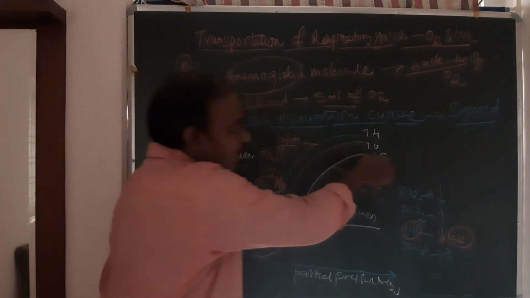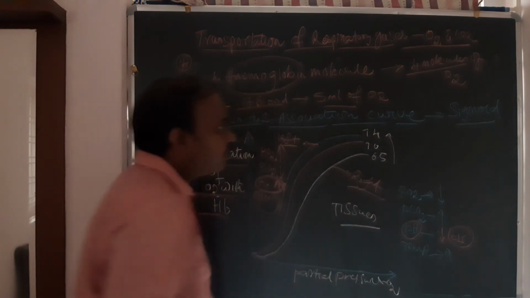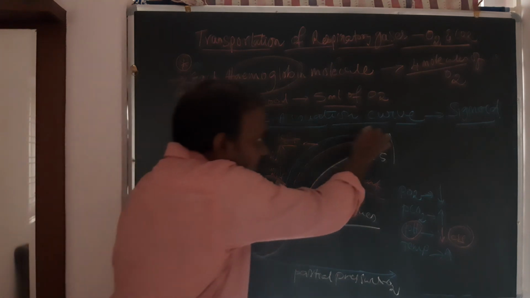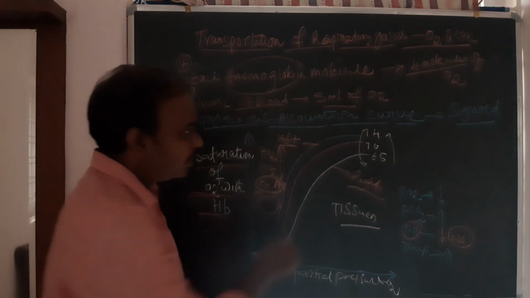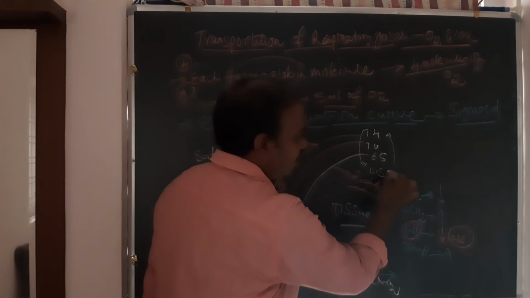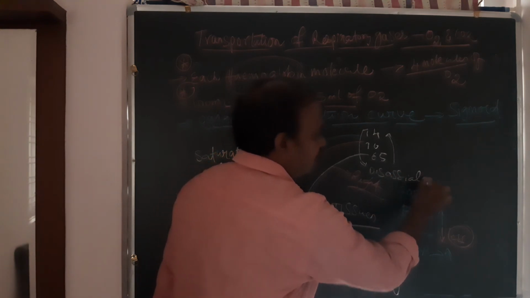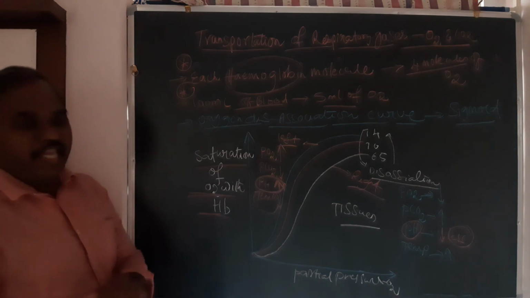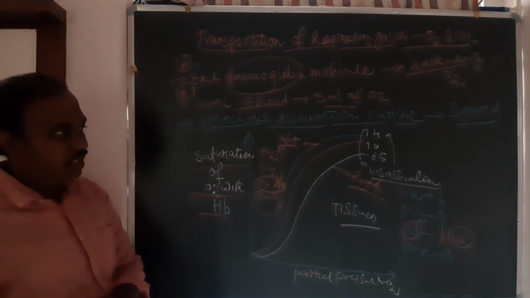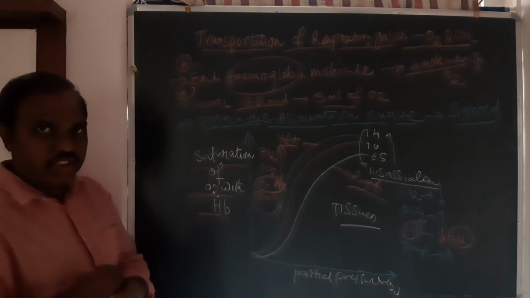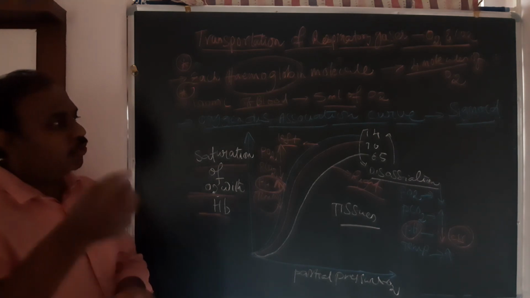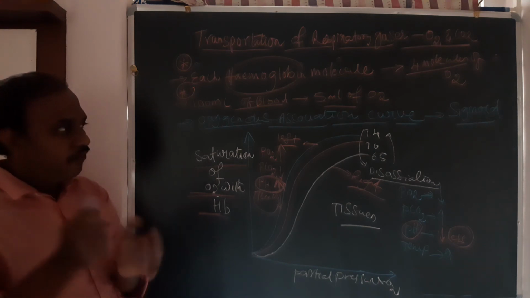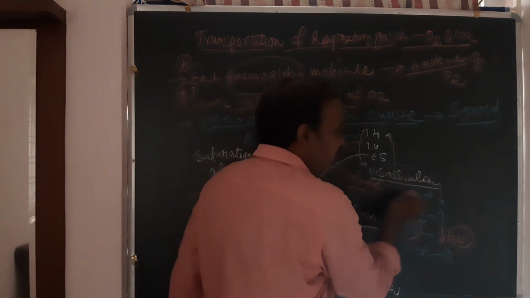So an increase in pH allows the association, and if it is decreasing, this is dissociation. Say for example, I'll give you acidic blood. Does it favor the association or the dissociation? Obviously the acidic blood favors the dissociation.